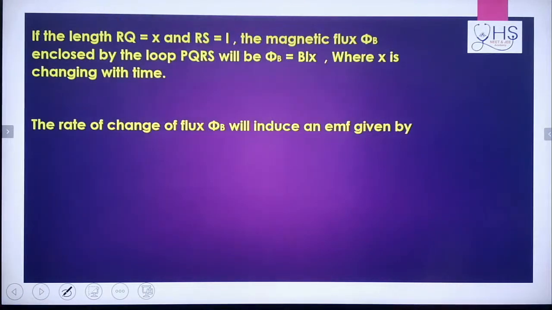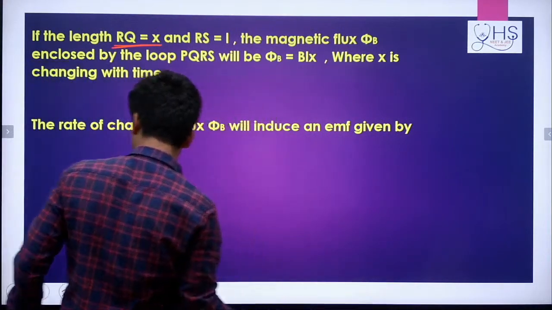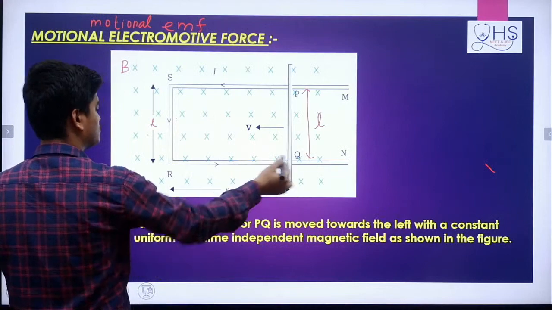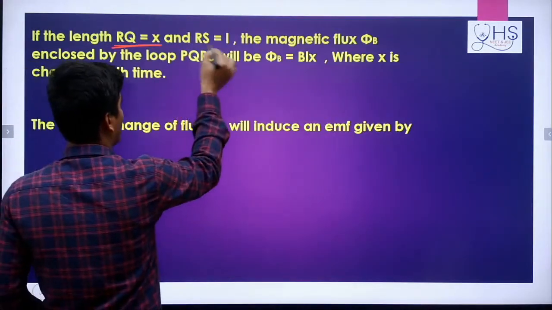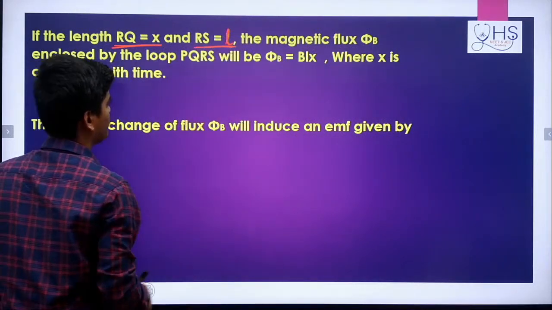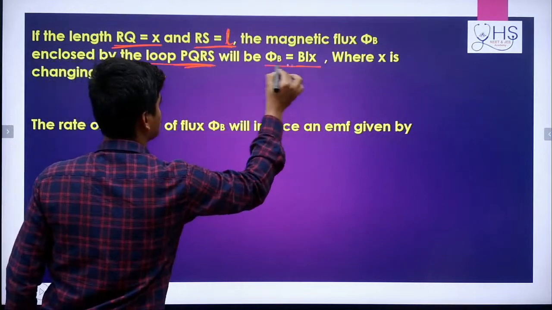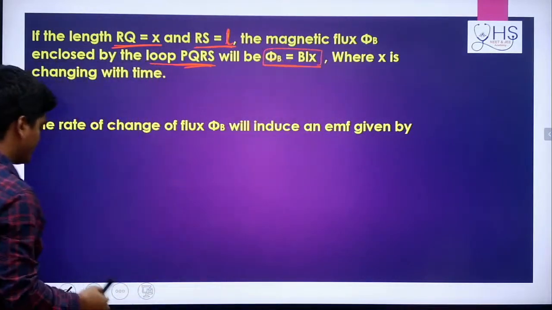Now listen, if the length RQ is equal to X, and RS is equal to L, then the magnetic flux phi B enclosed by the loop PQRS will be how much? Phi B will be BLX.